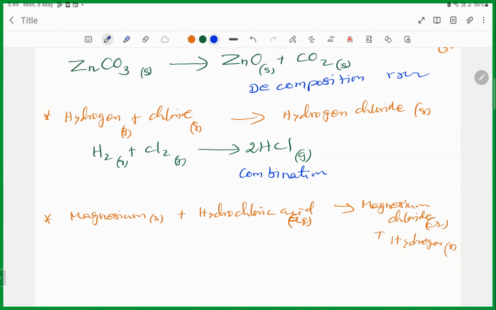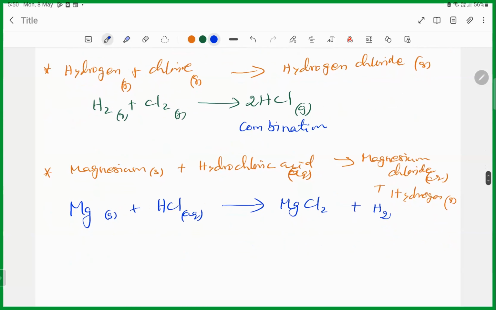So when you are balancing, magnesium is Mg, it's a solid, plus HCl is aqueous. It gives magnesium chloride MgCl2 plus H2. So what thing do you have to put? 2 HCl, then it will be balanced.